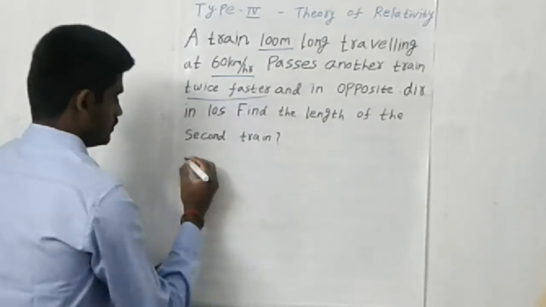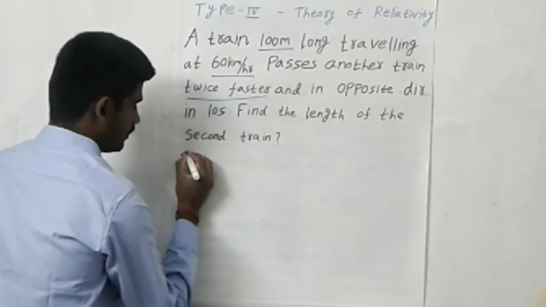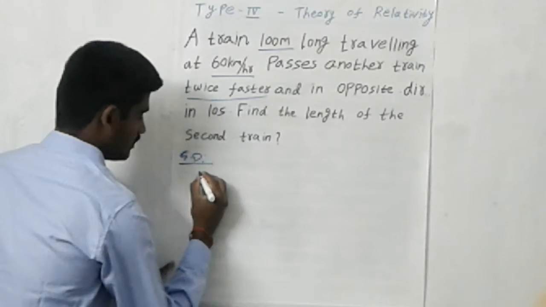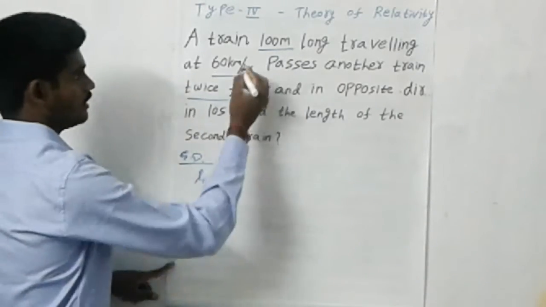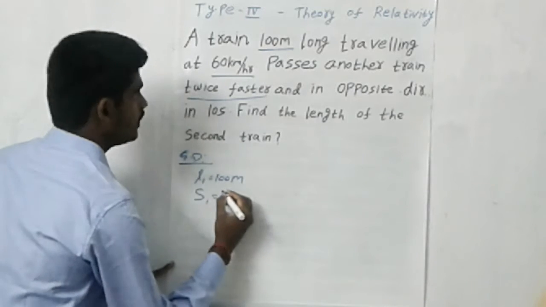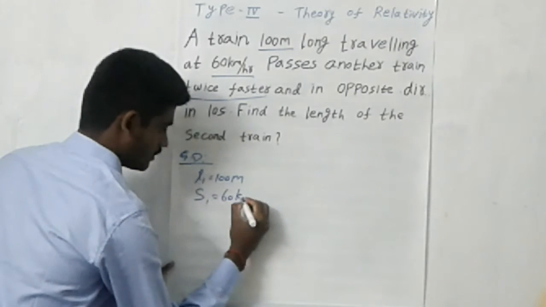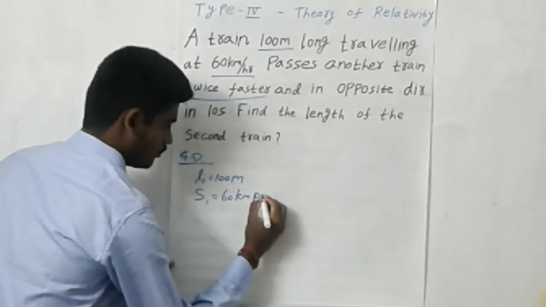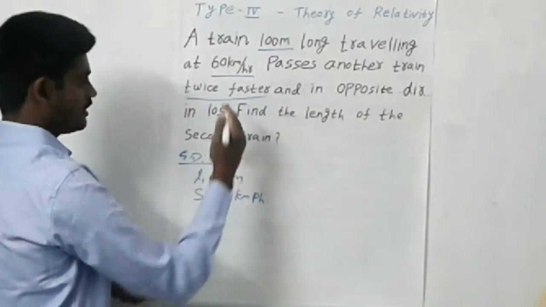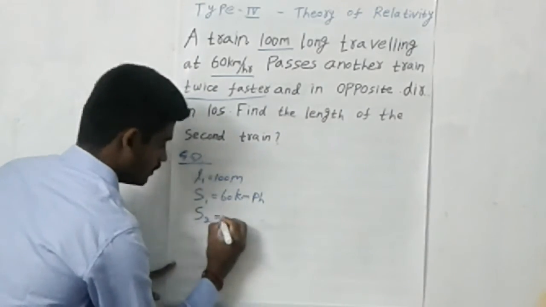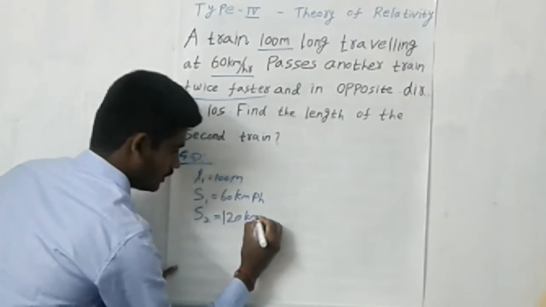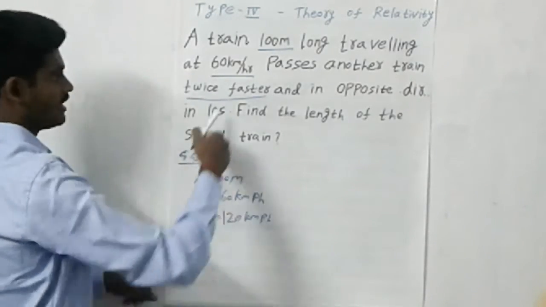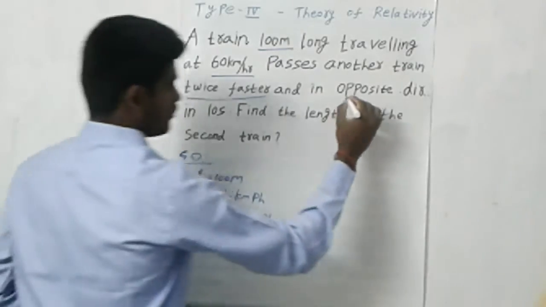Therefore we will write the given data. The length of the first train is 100 meter and speed of the first train is 60 km per hour, and the speed of the second train will be twice the speed of the first train, therefore 120 km per hour, and it is moving in an opposite direction.